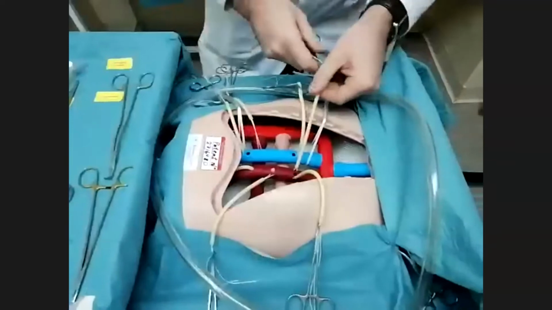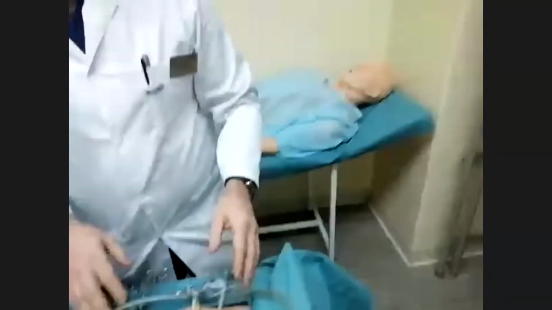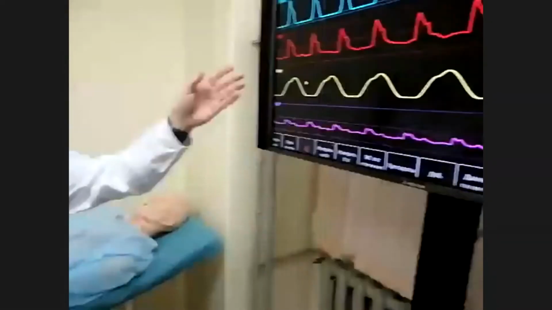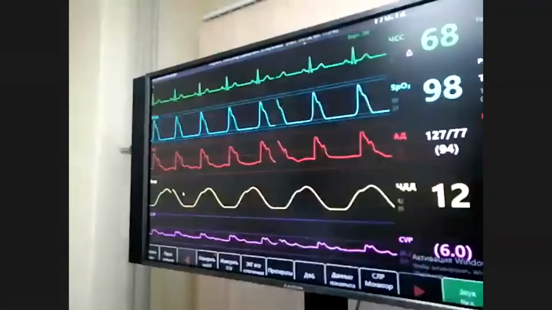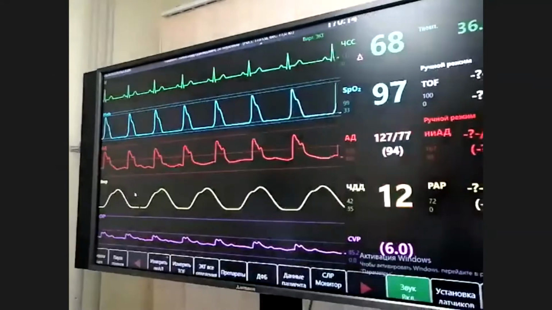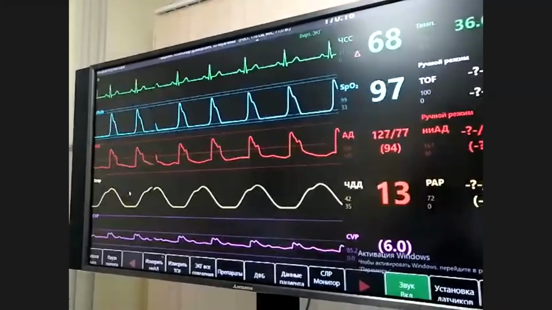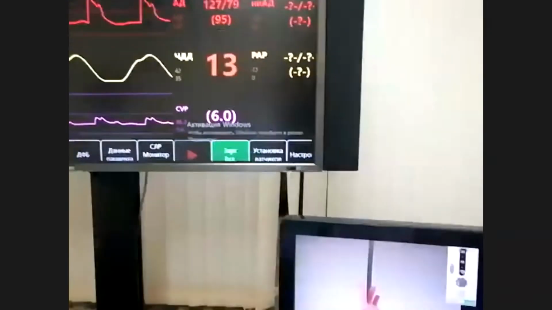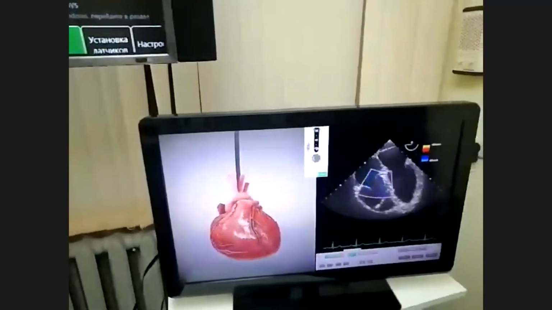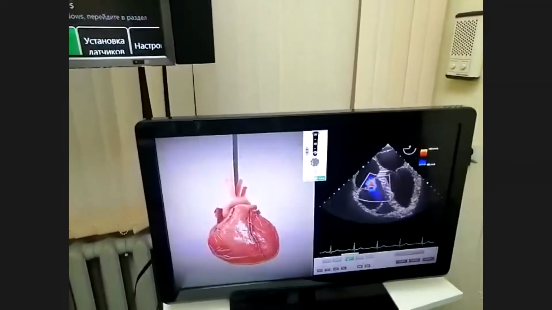Also, we have a monitor where you can see the hemodynamics, and on this monitor you can see the echo picture.